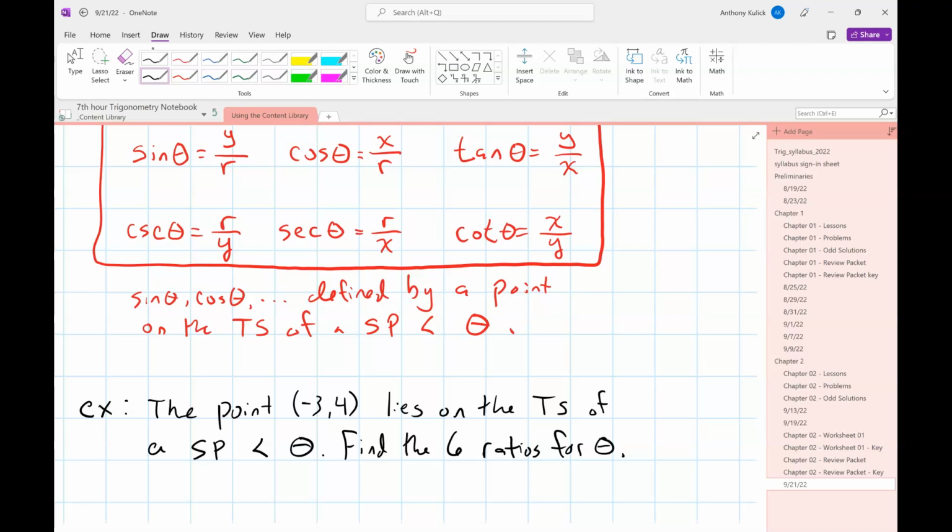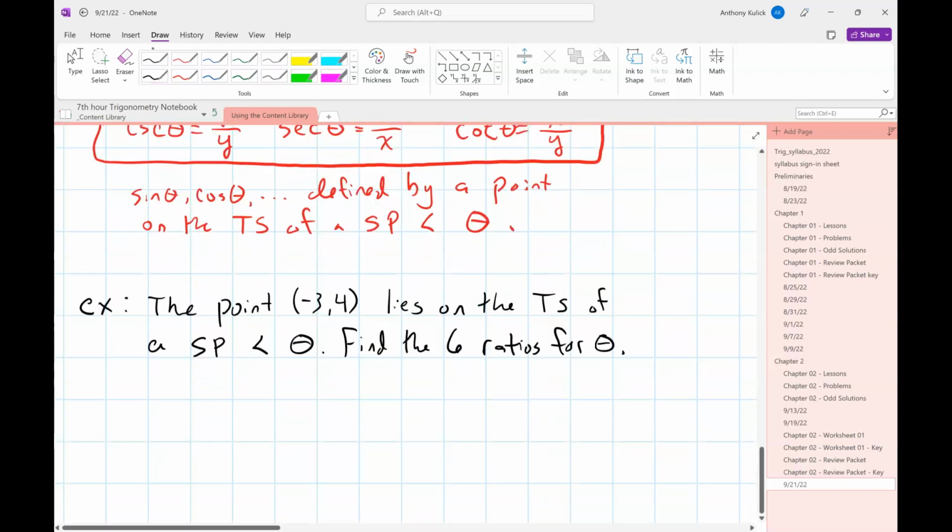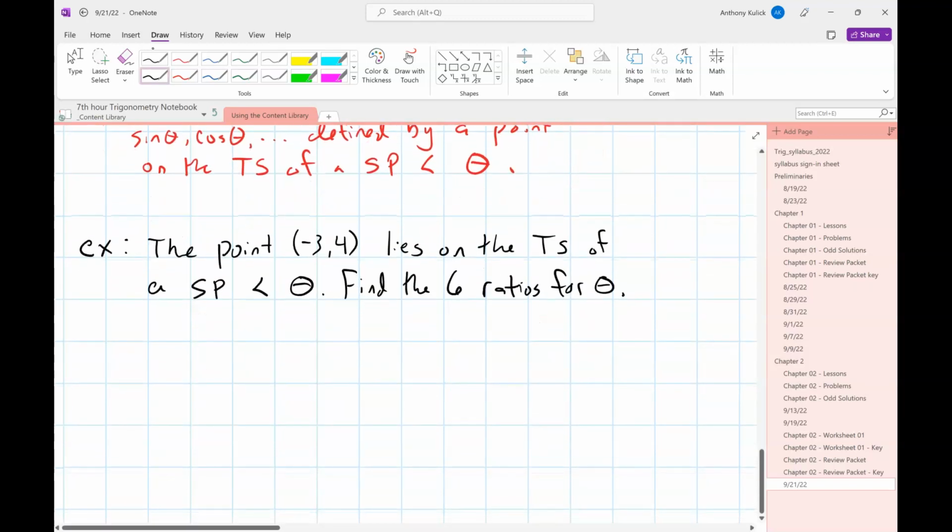So let's say that we have the point -3, 4, and it lies on the terminal side of our standard position angle theta, and we want to find the 6 trig ratios for theta. Well, I guess let's start by drawing ourselves a picture.